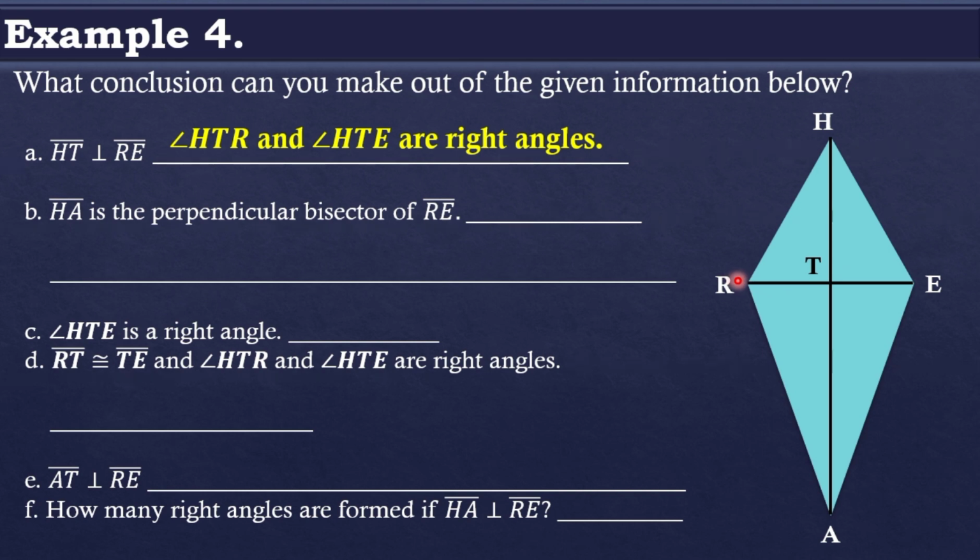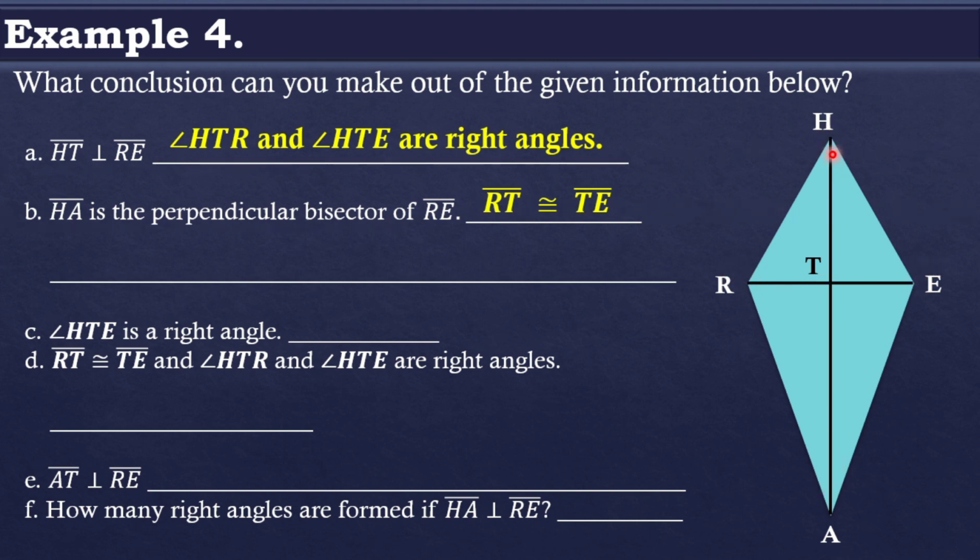So, aside from perpendicular, meron siyang congruent segments. So, segment RT is congruent to segment TE. Why? Kasi bisector.